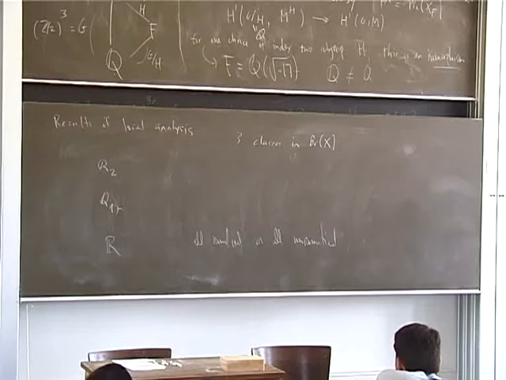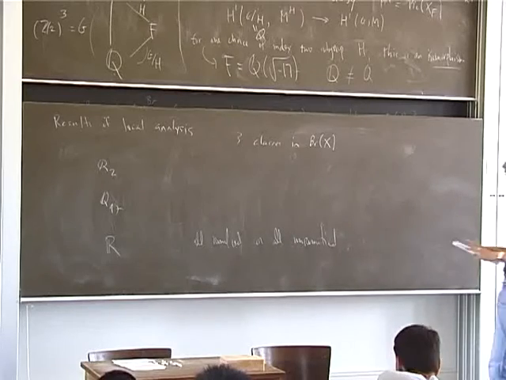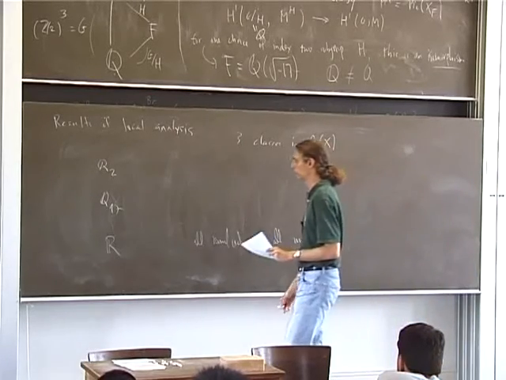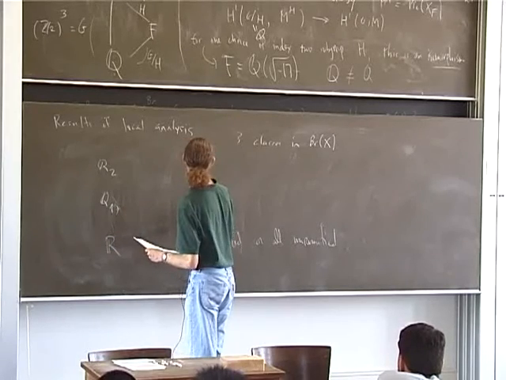So this is some terminology you often see. Unramified would be trivial, and ramified would be non-trivial. Okay, at the prime 17, it's again all ramified.